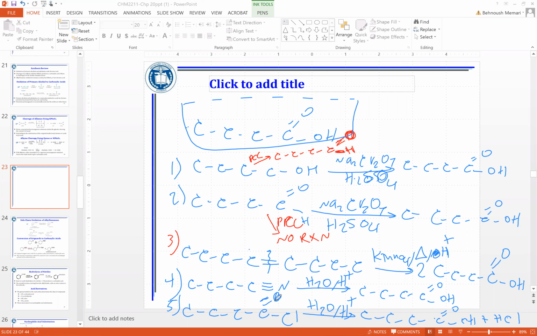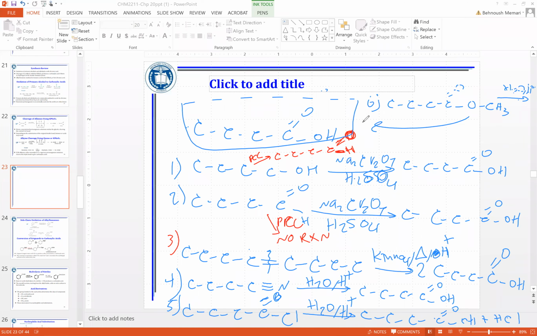Now, other acid derivatives as a result of hydrolysis would also give the same product. Because it's kind of repeating, I don't want to repeat the exact same reactions. But if you have, for example, an ester with 4 carbons and you hydrolyze this in acidic solution, it would give you the same product.